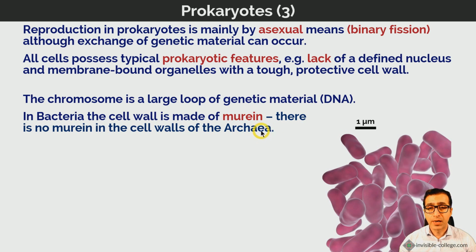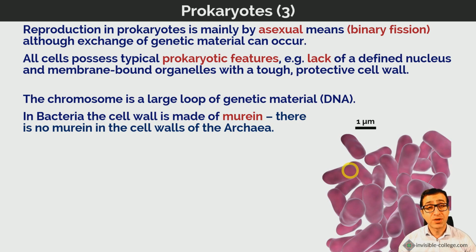Another difference is that the archaea and the bacteria, even though they are both prokaryotes, have certain differences between each other. They both have typical prokaryotic features. For example, both archaea and bacteria have a single loop of DNA that makes up their single chromosome.